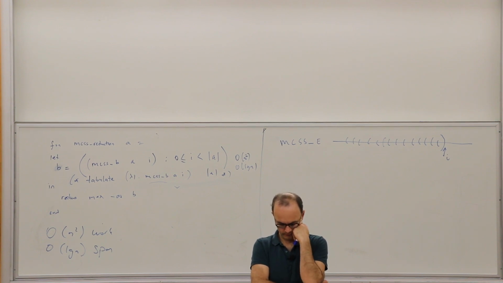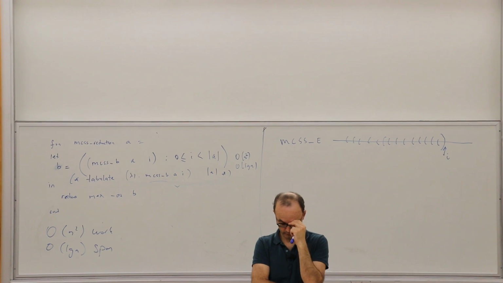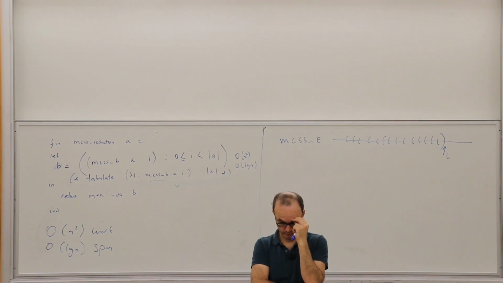Then we get some list there, and then we just take reduce max over that list, and this gives us the zero case from the scan.